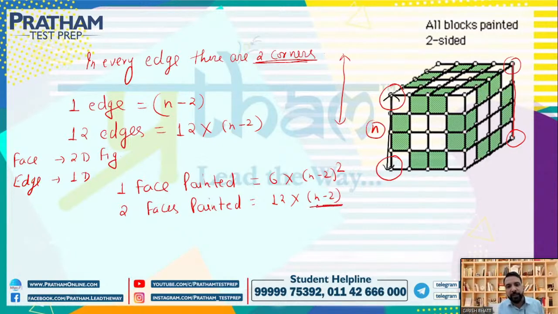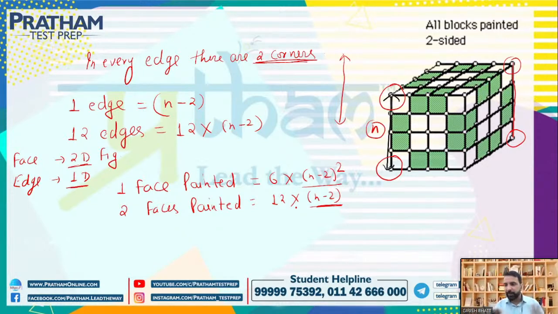Here we have 2 dimensions, so (n minus 2) into (n minus 2). And जब volume की बात करते हैं, we have 3 dimensions, so n into n into n करते हैं हम. Got the point? तो कभी भी confusion होगा तो you can remember face is having 2 dimensions, so this is square, and edge is having only 1 dimension, so this formula is 12 into (n minus 2) only.